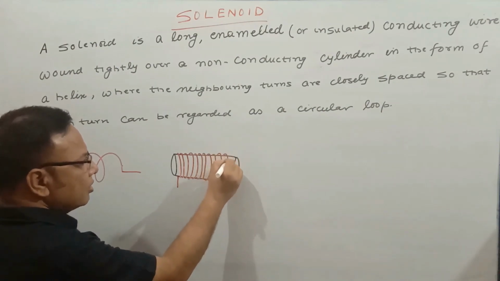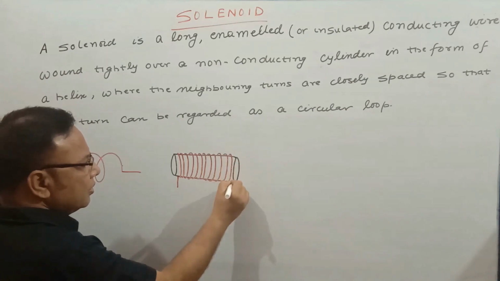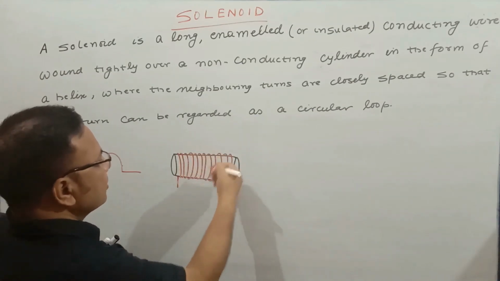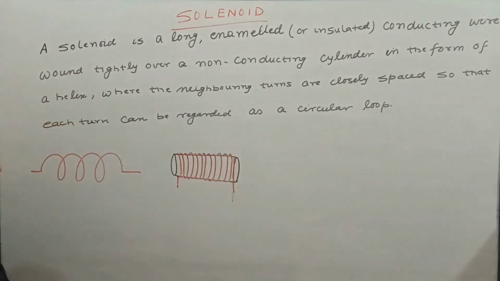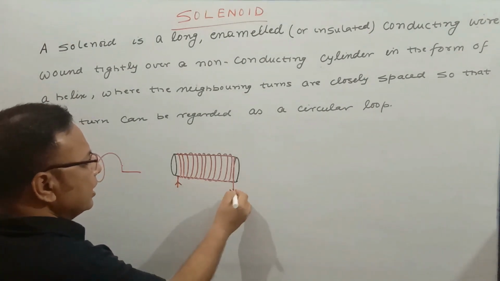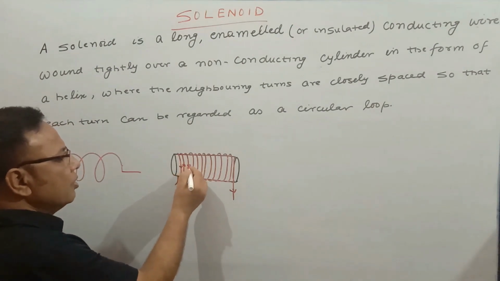And this cylinder is non-conducting, just to keep the wire shape intact. The current is coming from the upper part, somewhat like this. It is quite obvious it is coming from this side. So from one side the current will go in, and from another side the current will come out. So in this case, the current is circulating somewhat like this.